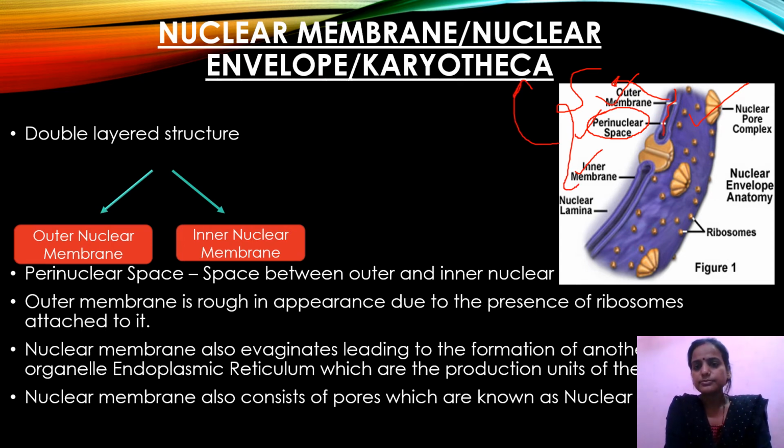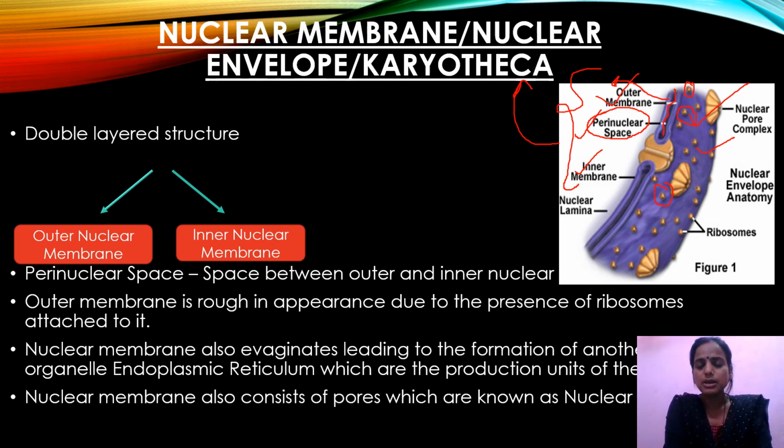Then you can see that the outer membrane is rough in appearance. Why is it so? Because of the presence of ribosomes attached to the surface of the outer membrane. So these ribosomes make the outer membrane rough.